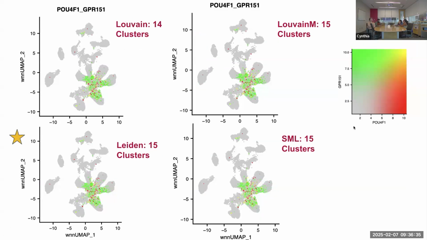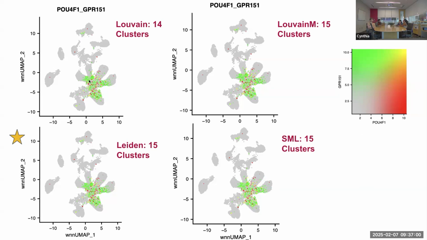Lastly, the third step was to see if we can see the expression of canonical markers for this kind of study. So we have PO4F1 and GPR151. Here is the number of the cluster, Louvain multi-level, Leiden, and SML.